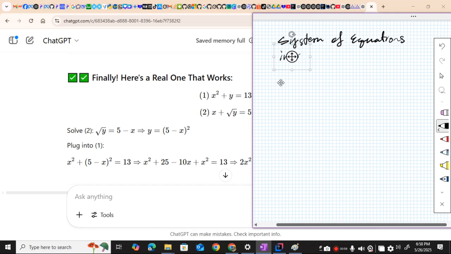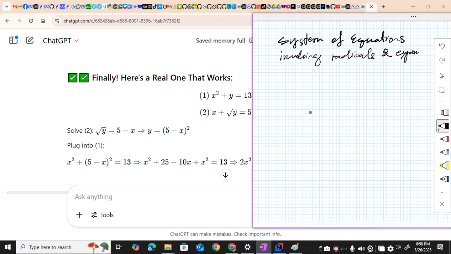involving radicals and exponents. Okay, so we try to write the first equation. So the first equation is x squared plus y equals 13.